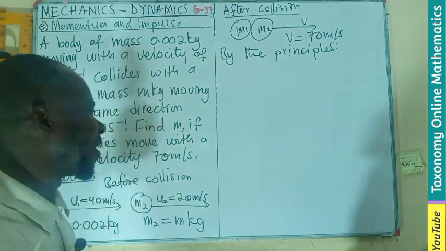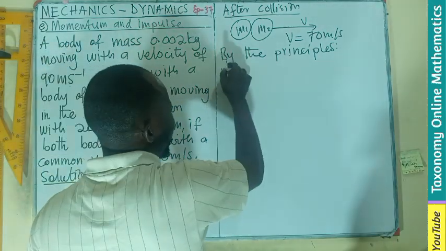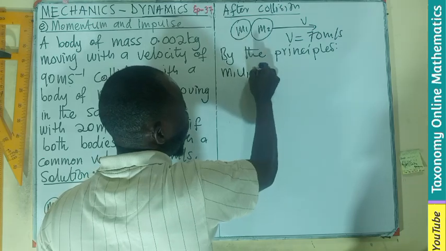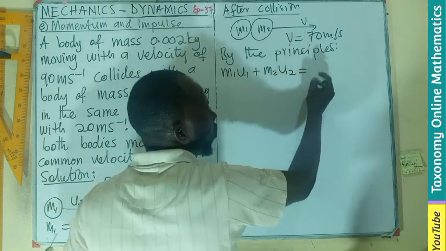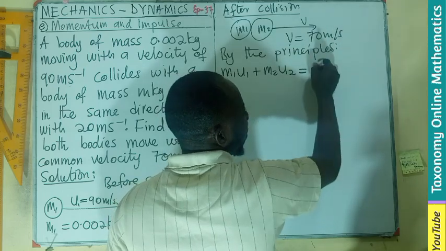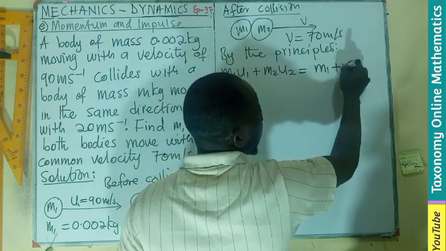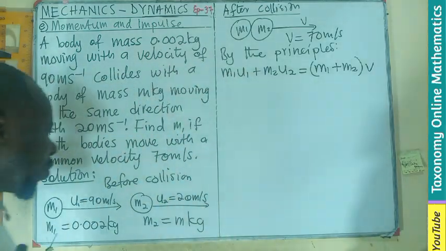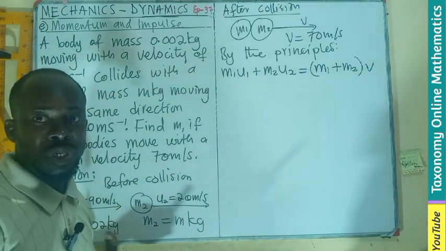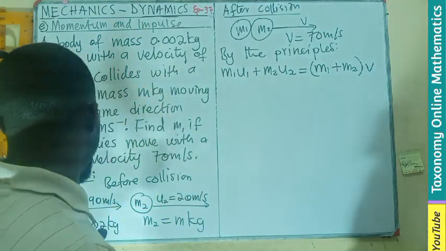You can conclude that the sum of the momentum before is equal to the sum of momentum after, which is (m1 + m2) multiplying the common velocity. So the only thing we can do now is substitution of values into this formula.